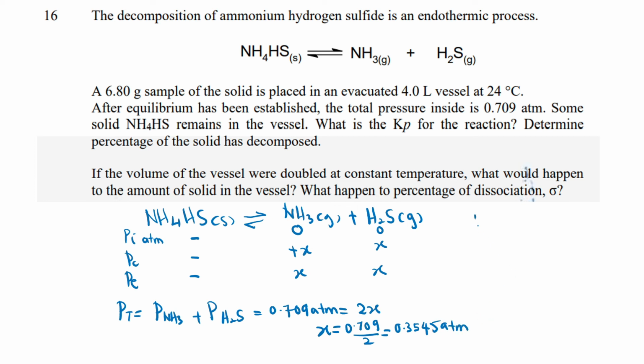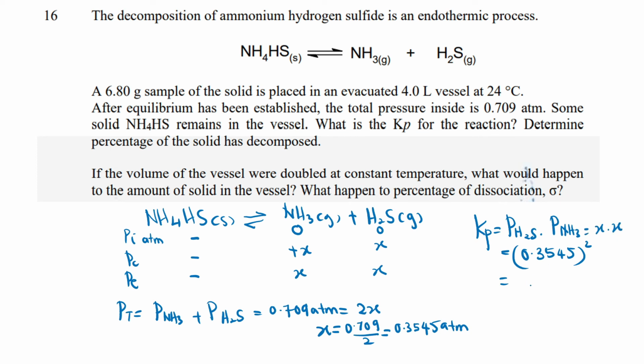Thus, untuk kira Kp, okay, Kp is equal to partial pressure H2S darab partial pressure NH3, which is equal to 0.3545 square. Okay, x square. Okay, is equal to x times x.